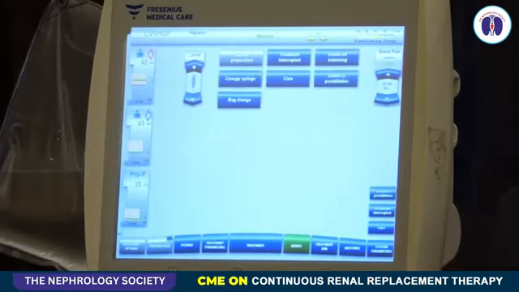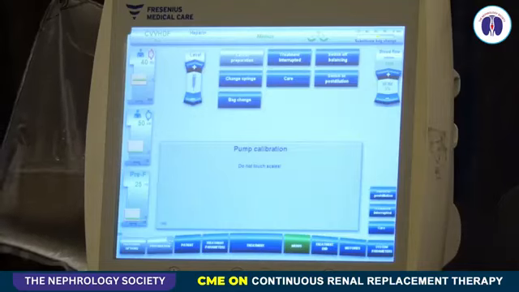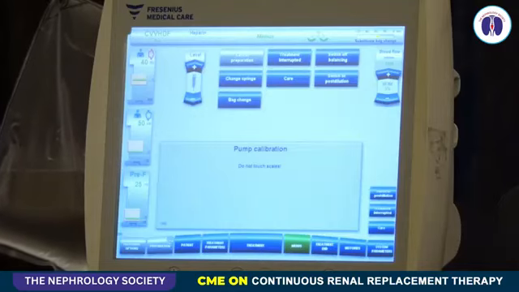Yes, that's what I was showing. So the scale imbalance alarm only comes if I place some additional weight like a curtain or hand or something like that, then the scale balancing error will show. Or you have seen this effluent bag is touching one blood tubing.